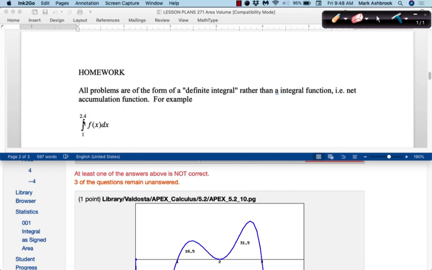What about the 2.4? And what does it have to do with the function? If I'm thinking of this as an accumulation function, what does the 2.4 have to do with a function? How does it relate to the function?